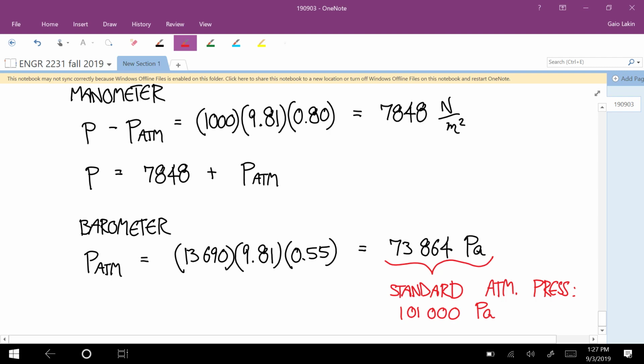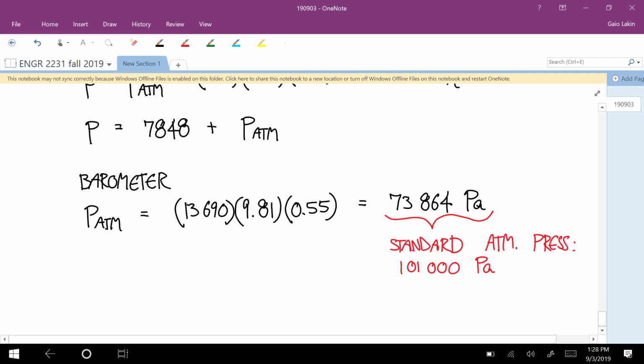So that's really low. That would be at a really high altitude, or some kind of, well, weather conditions would never make that much of a difference. But let's say really high altitude. It fluctuates from day to day, but that's sort of the average sea level pressure in pascals.